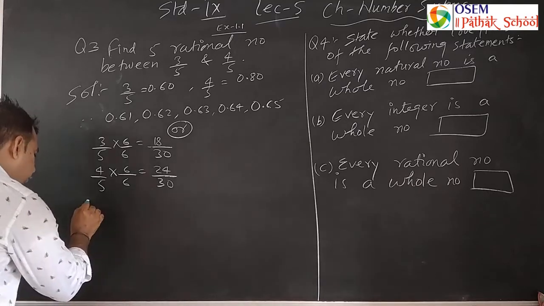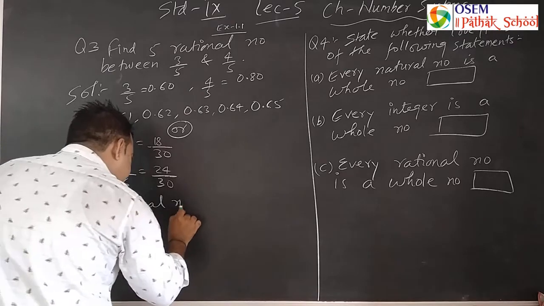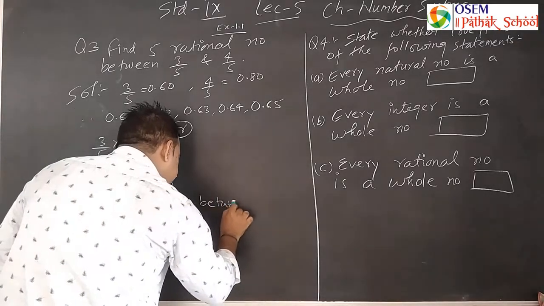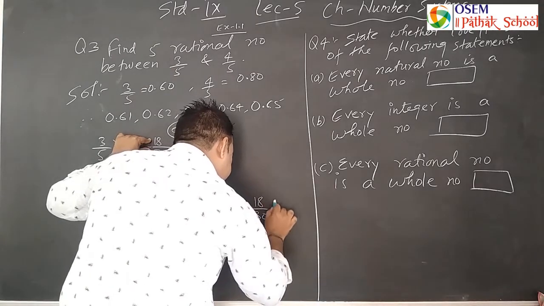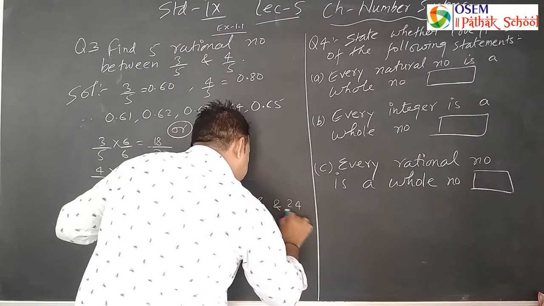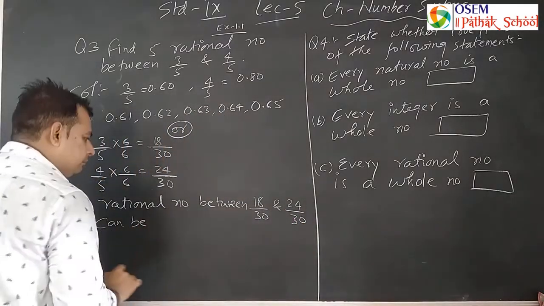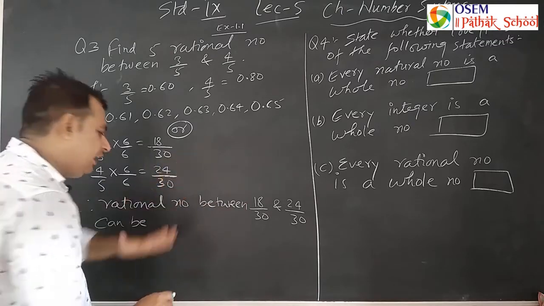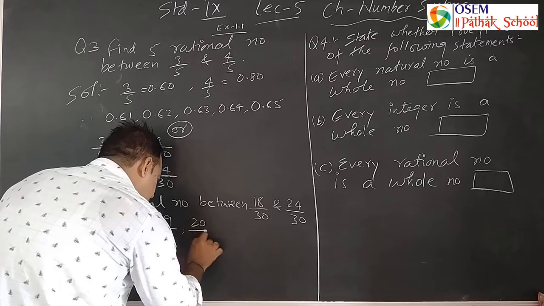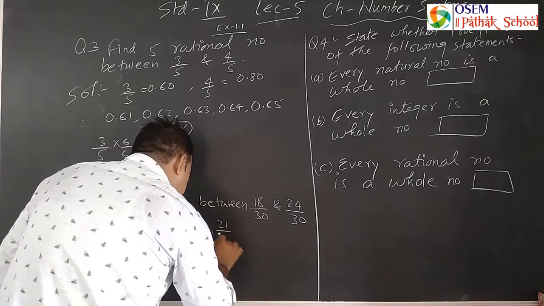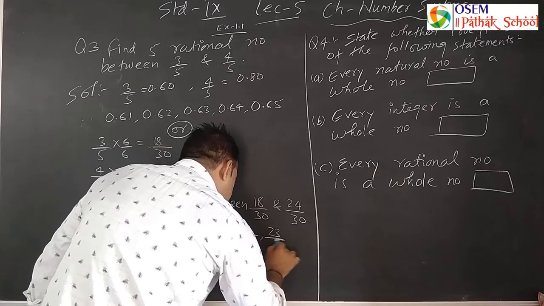So therefore rational numbers between 18 by 30 and 24 upon 30 can be, how many do we have to find out? 5. 19 upon 30, 20 upon 30, 21 upon 30, 22 upon 30, and 23 upon 30.